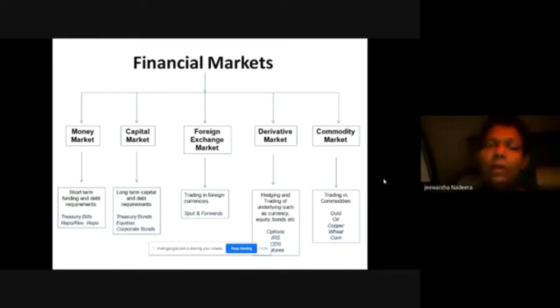Locals also can buy, even a foreign NRFC, non-resident customer. If you have a PFC account, you can invest in SLDB. If you have dollars, you can. That is for locals, and the foreigners also can invest.